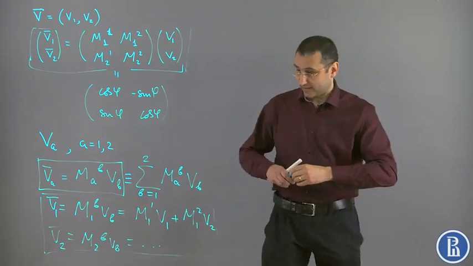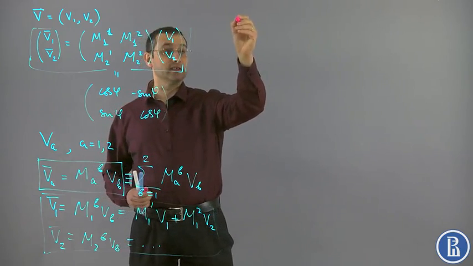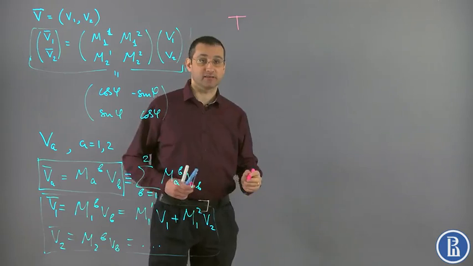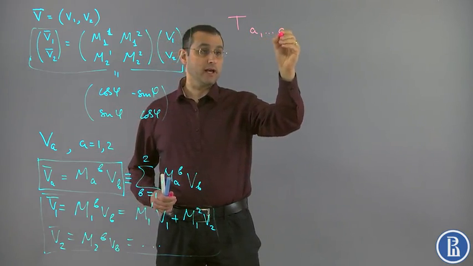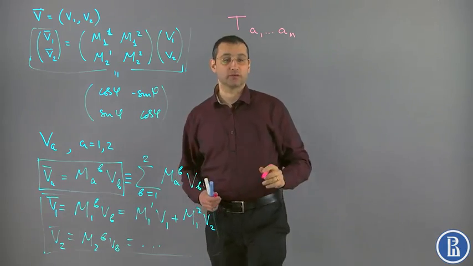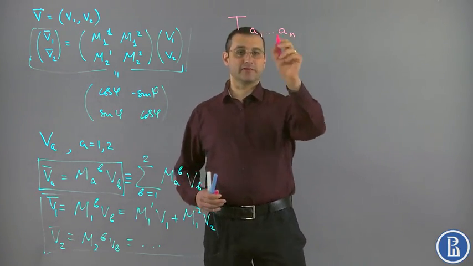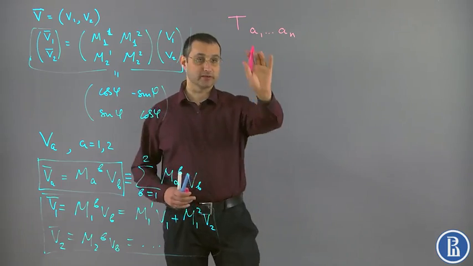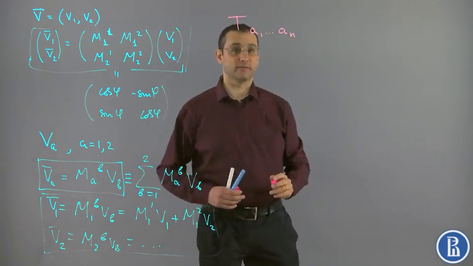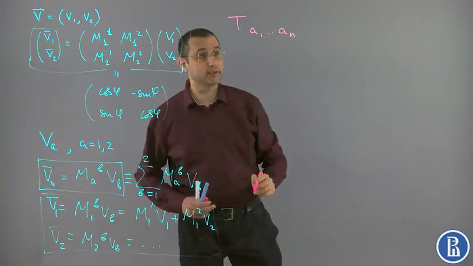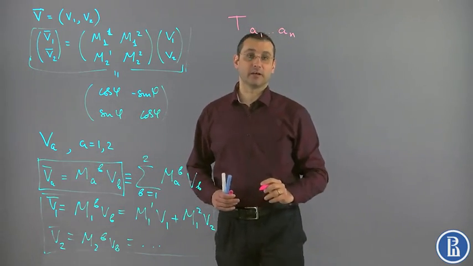So what does tensor mean? A tensor is a quantity which carries indices. For example, an n-tensor is a quantity which has n indices, a1 to an. I restrict myself to tensors which carry only lower indices. You will see the difference between lower and upper index tensors a bit later. So a tensor is some quantity which carries indices, similarly to the vector, but there can be many indices.